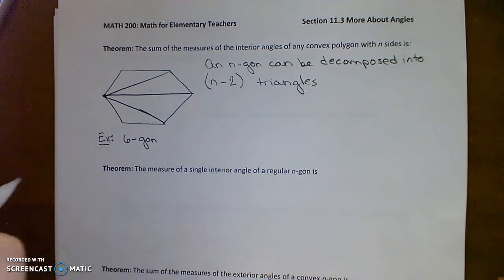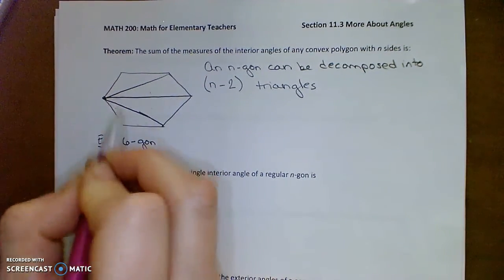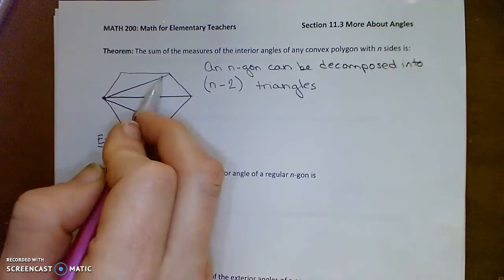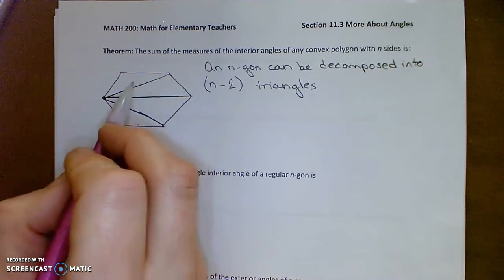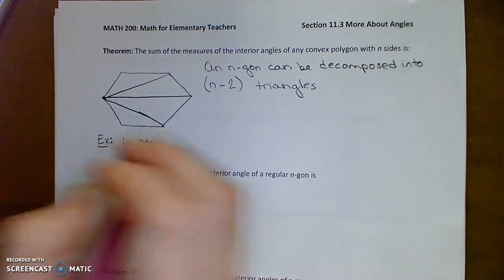And it turns out that for each one of these triangles, these 3 angles add up to 180, these add up to 180, these add up to 180, and these add up to 180. So I have 4 groups of 180 degrees.